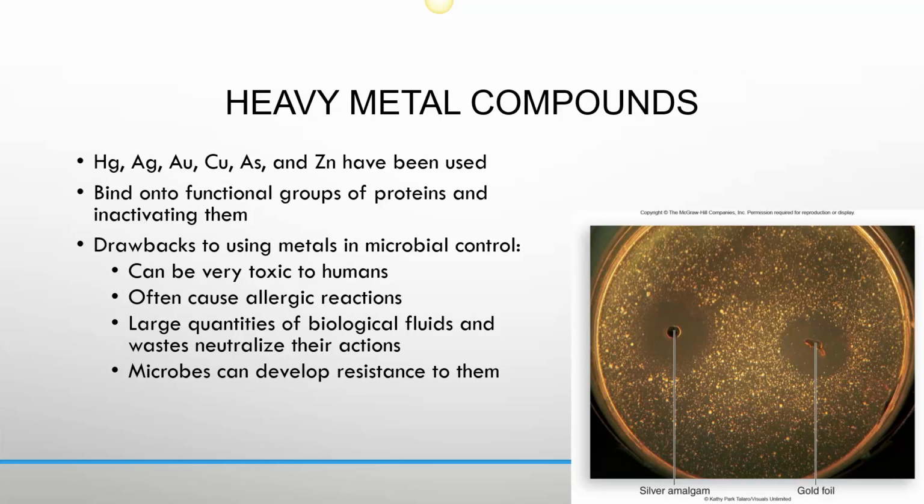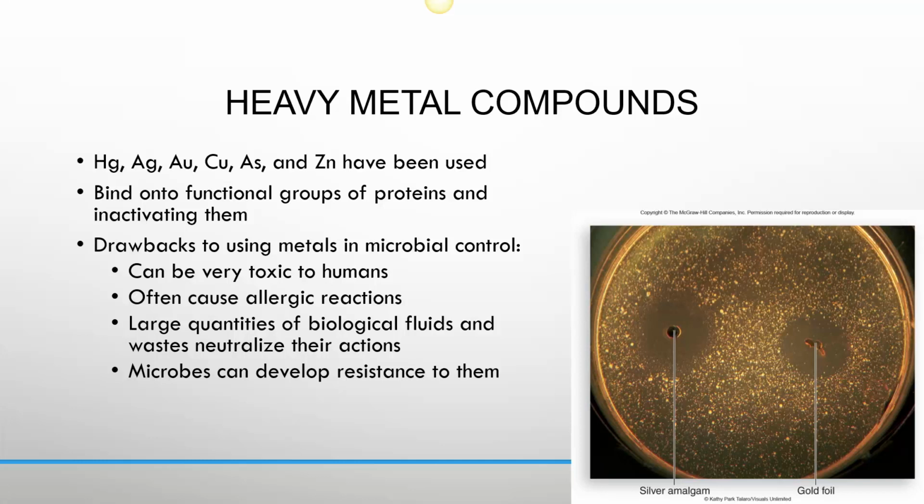Heavy metals. So mercury, gold, silver, copper, arsenic, zinc. They've all been used as germicides. Silver has been added to certain types of antibiotics to increase the effectiveness of the antibiotic. The drawbacks are heavy metals are very toxic to people, so you can only tolerate them in low doses.